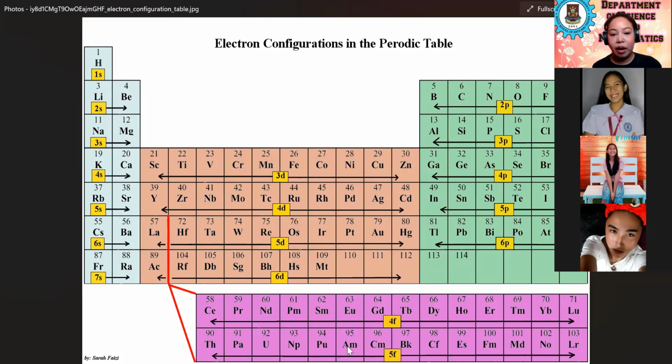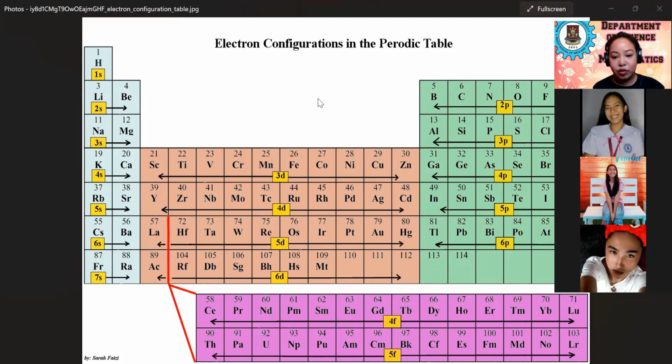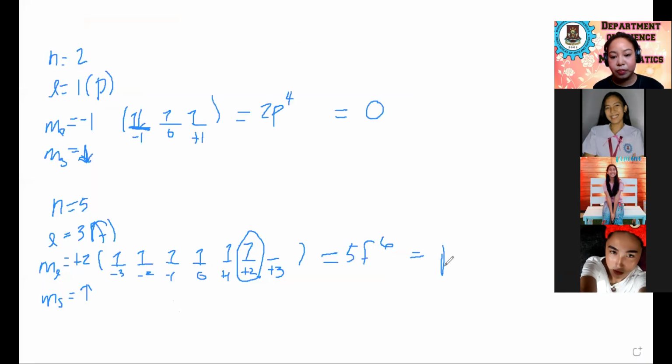So it is americium. So this is americium. Did you understand how to find the chemical element using the quantum numbers?